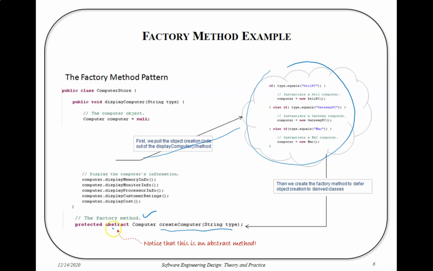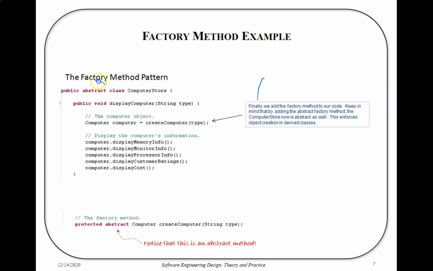So please note that this is an abstract method that is not implemented in this class. If you observe here, this is a public class, so we have to change it to public abstract. An abstract class is different from an interface. For an interface, we don't have implementation at all, but for an abstract class, we have implementation, for example the display computer method here.